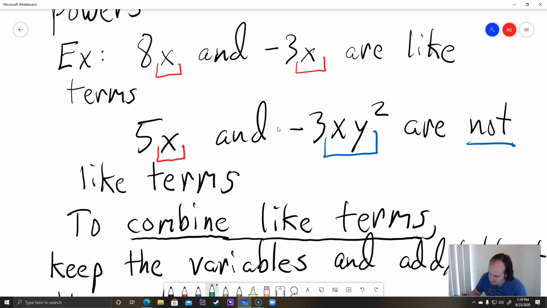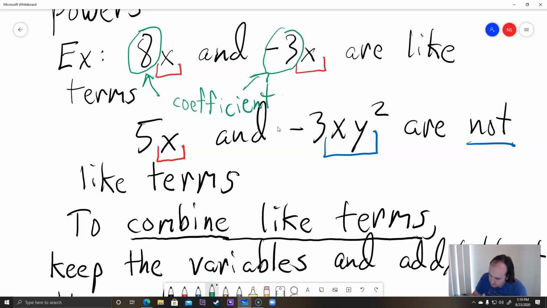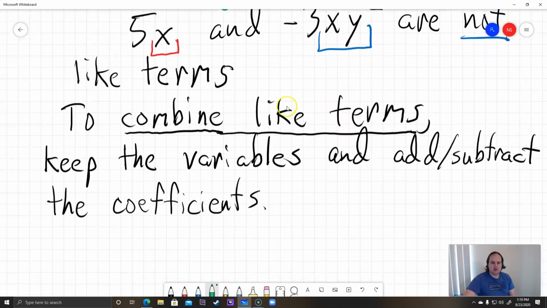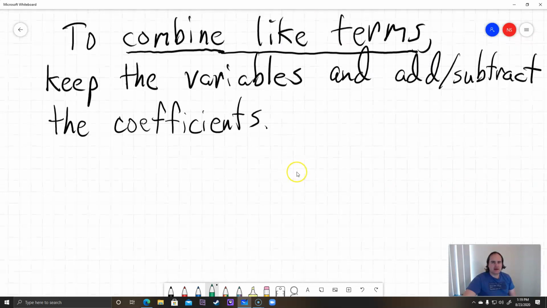Okay, so 8 and negative 3 were the coefficients for that first example. Okay. So coefficients are the numbers in front. So when you're combining like terms, you keep the variables the same, but then you add or subtract the coefficients. So let's see an example of combining like terms.